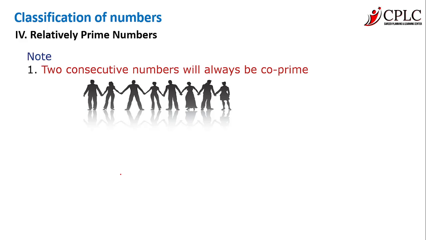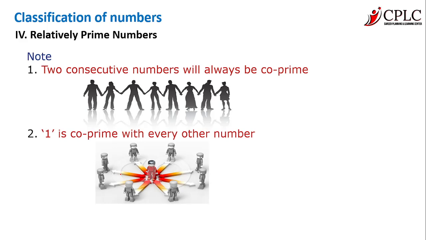Point number two: one is always co-prime with all the other numbers. So these are the few pointers that we need to remember or understand when it comes to co-prime numbers or relatively prime numbers, as the definition suggests.